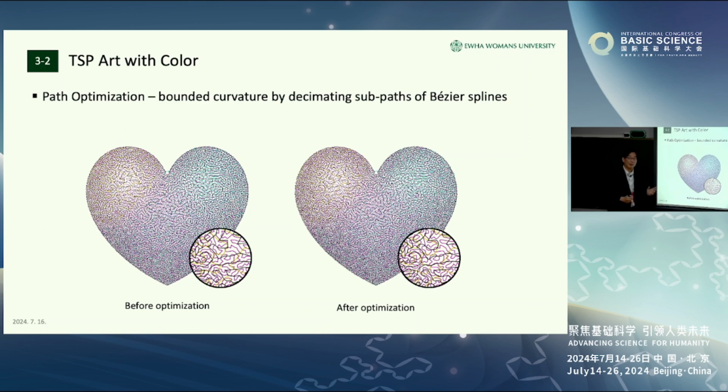So we need some kind of path smoothing or path optimization, which basically cuts areas where you have high curvature. We use a simple decimation algorithm to cut those high curvature areas to get a more smoothed sequence of vectors. Also, we're using Bezier patches to have more curvy curves. So that's the TSP art.